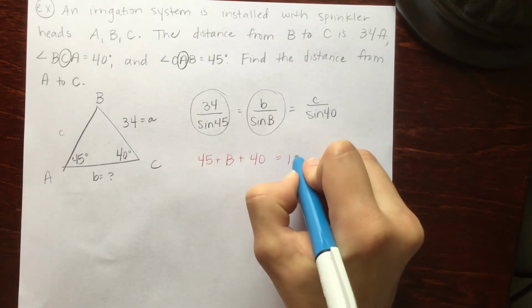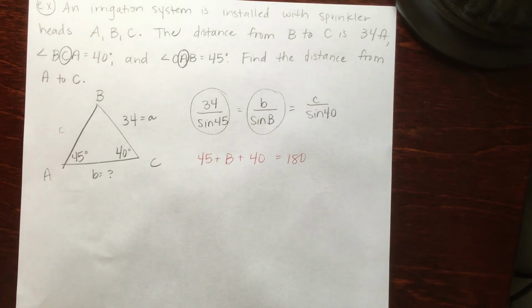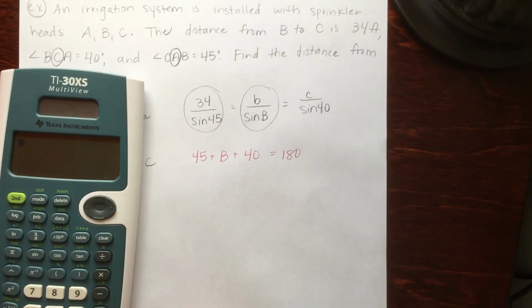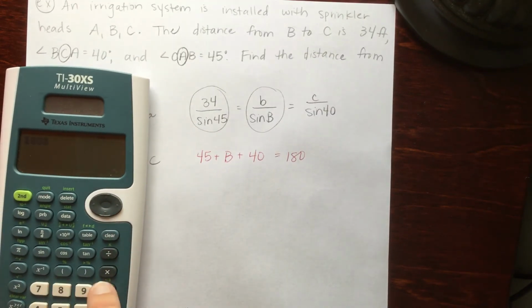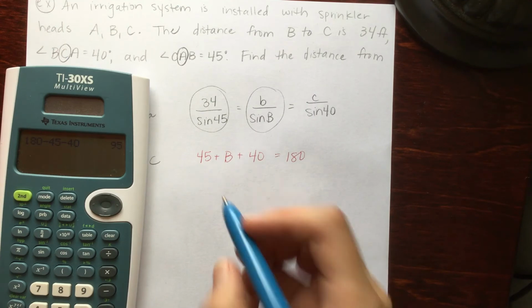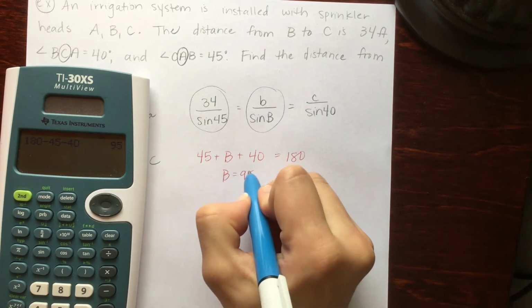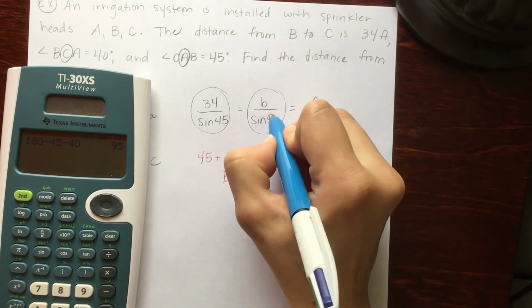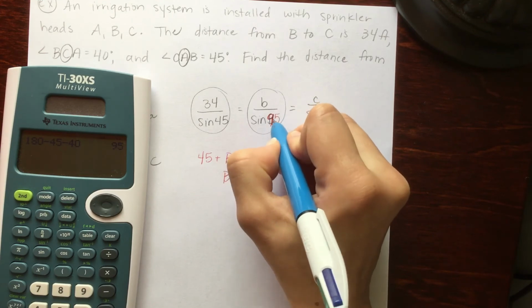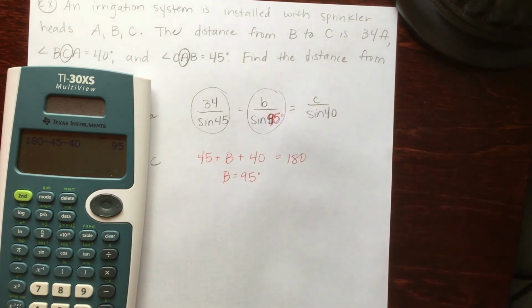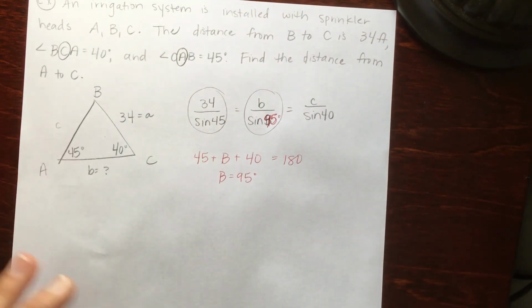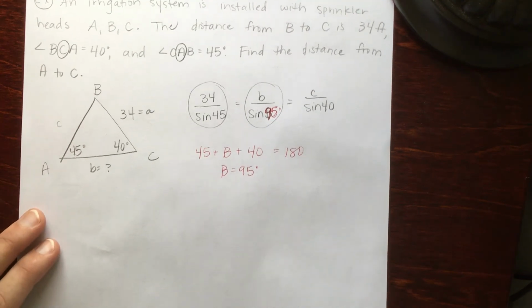So we need to do an intermediate step first before we can actually do our law of sines. So angle A plus angle B plus angle C has to equal 180, which means that angle B is 95 degrees. So I can sub in a 95 here, and now I can cross multiply those first two fractions to figure out what angle B is.